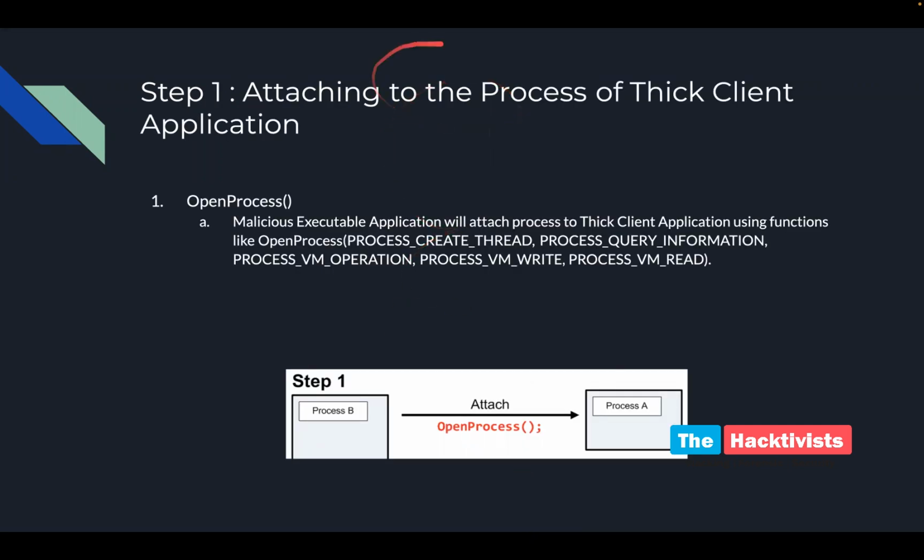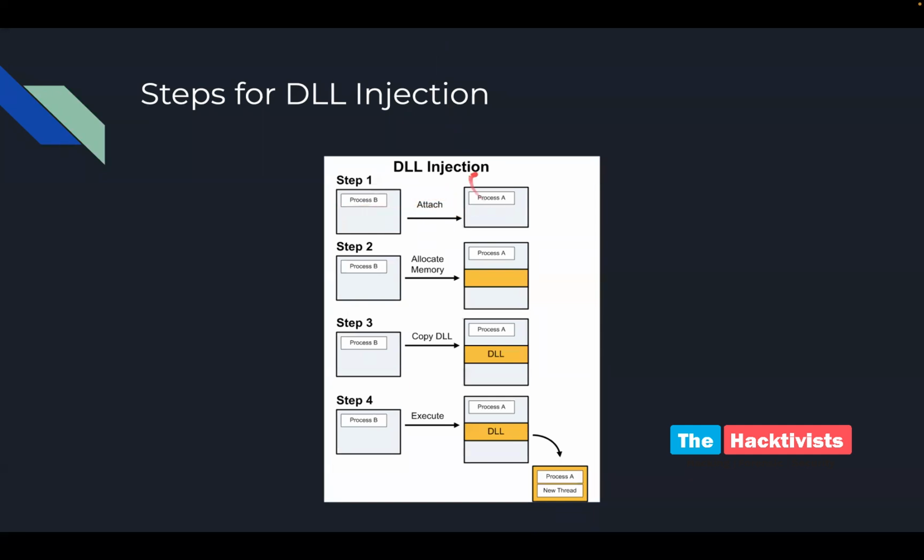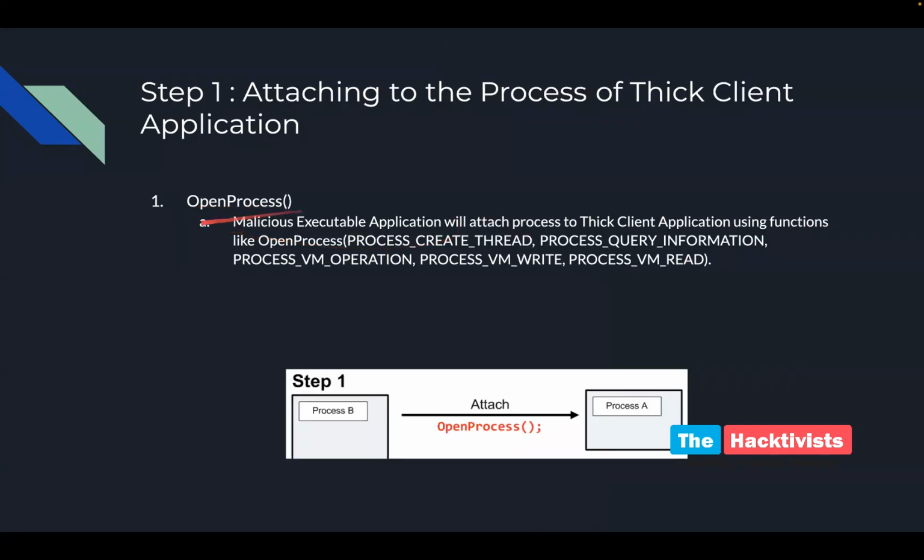When it comes to attaching to the process within the client application, there is one particular function, OpenProcess, which our malicious code will utilize. Using this function, our executable file can create threads, query information, and take read and write permissions, and those functionalities will be available within that thick client application process.